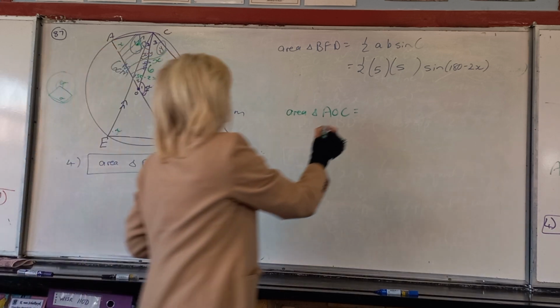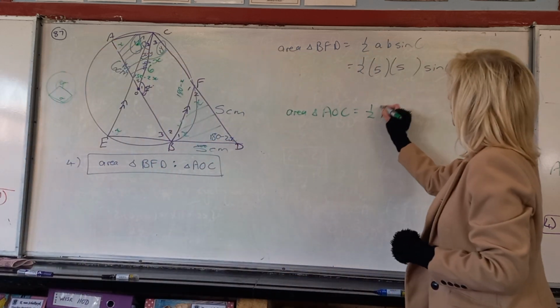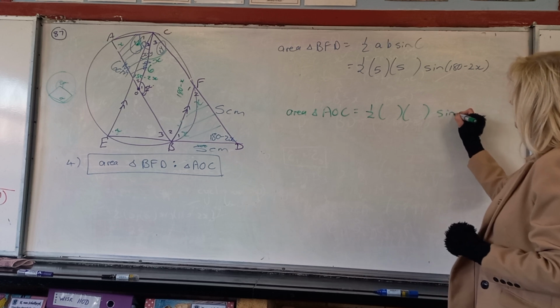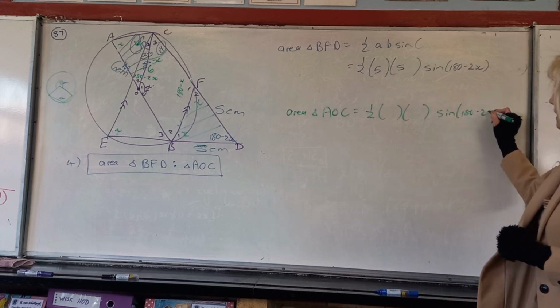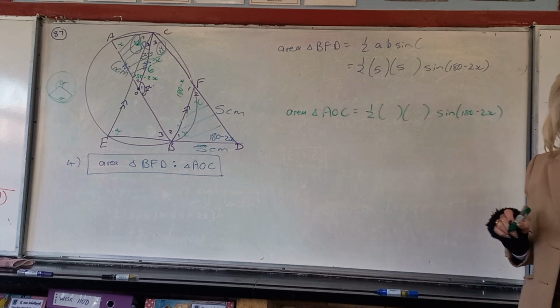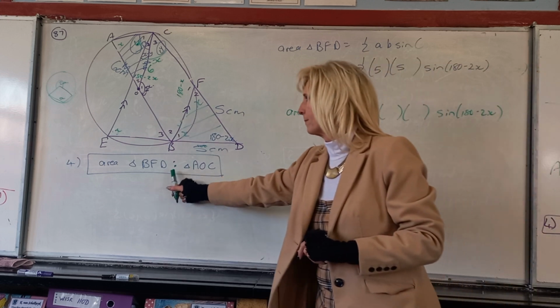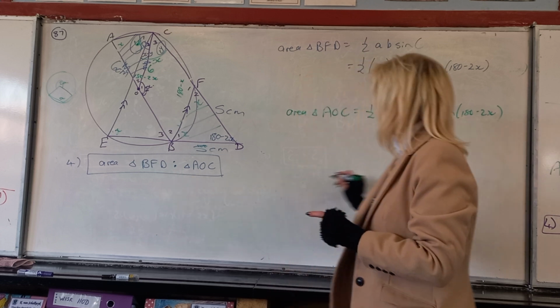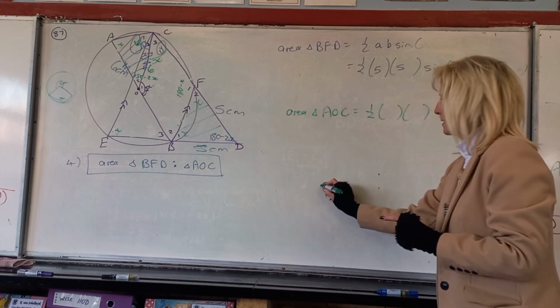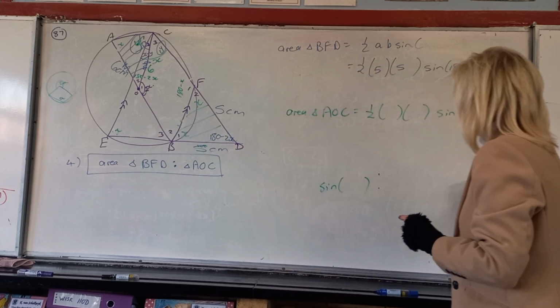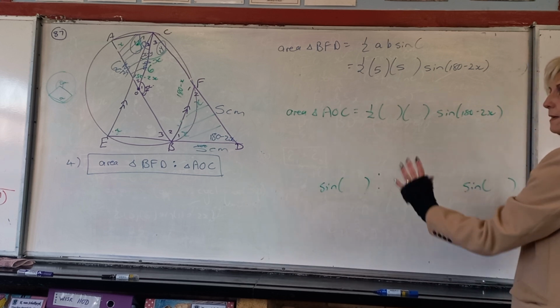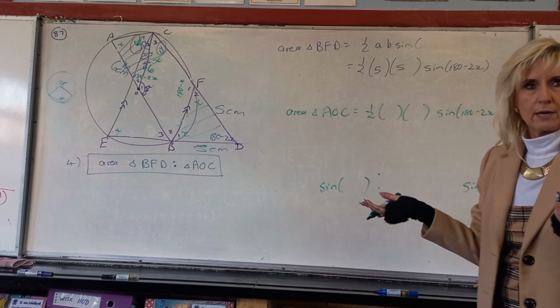So for my area rule, it would be half of the 2 sides, and the included angle is again 180 minus 2x. Again, I'm not going to be able to work it out. But what did they ask me for? The ratio. And when I've got a ratio, and here's sin and sin, the same, you just leave it away.